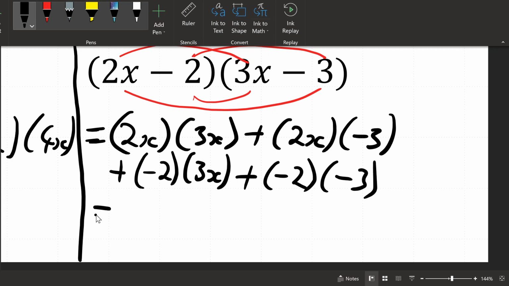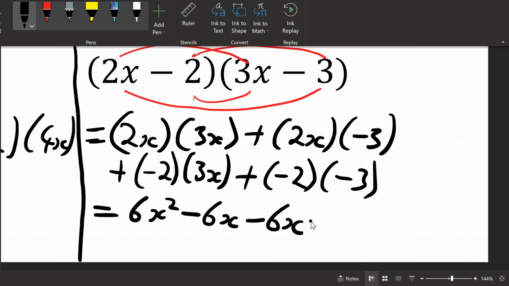Okay, so 2x by 3x, that'll just be 6x squared. And then 2x by minus 3, that's going to be minus 6x. Minus 2 by 3x, that's going to be minus 6x again. And minus 2 by minus 3, that'll be 6.